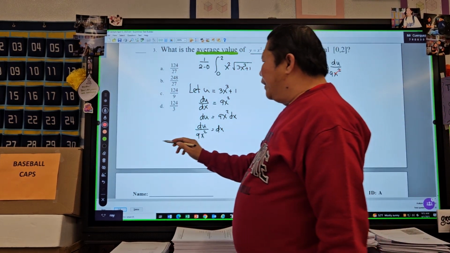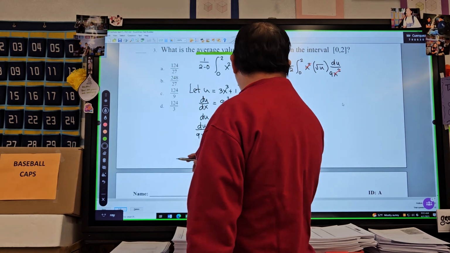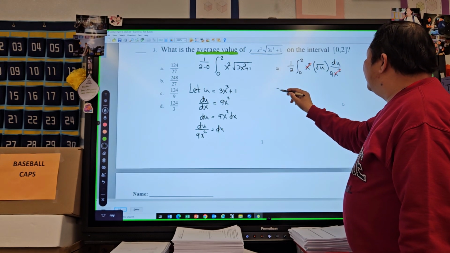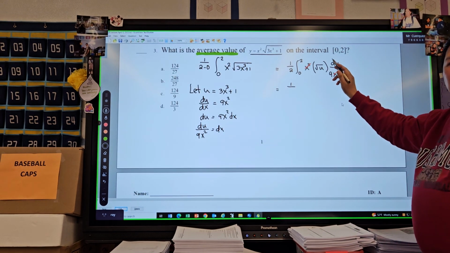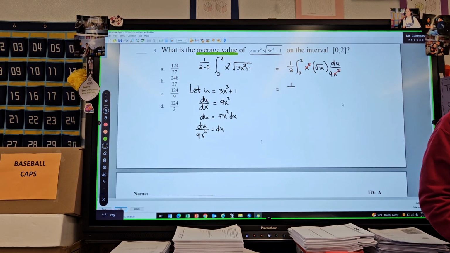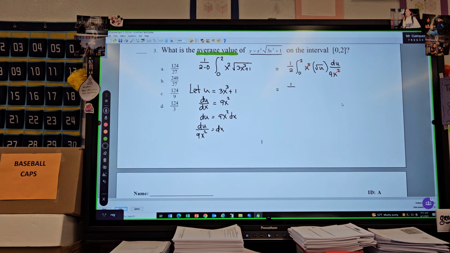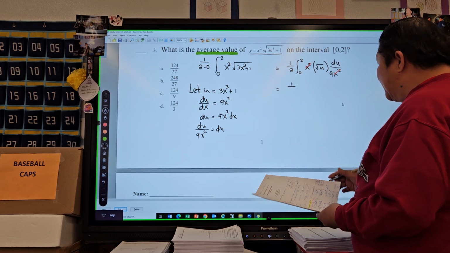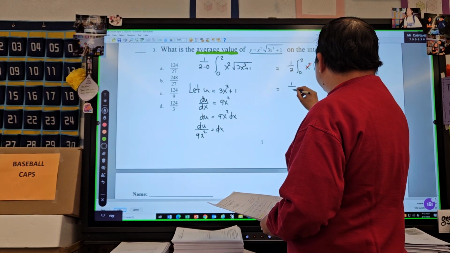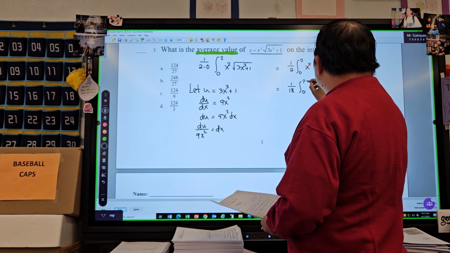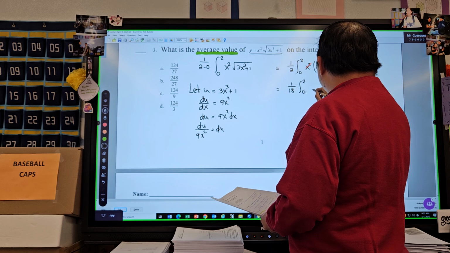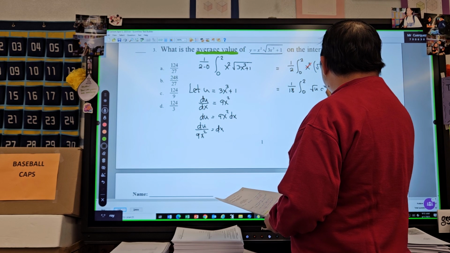And we are rewriting this. Instead of writing 1 over 9 right here, can we just multiply right away 2 and 9? Yeah. So that means 1 over 18, the integral from 0 to 2, and you have square root of u du.